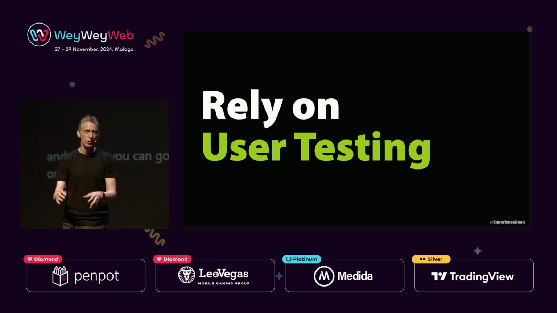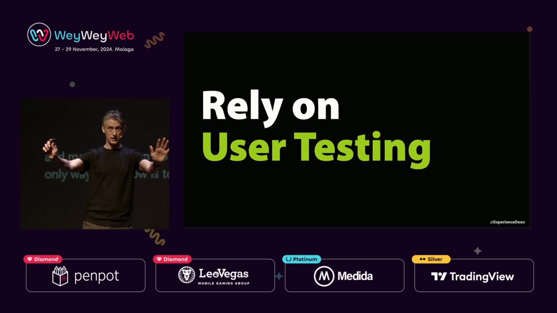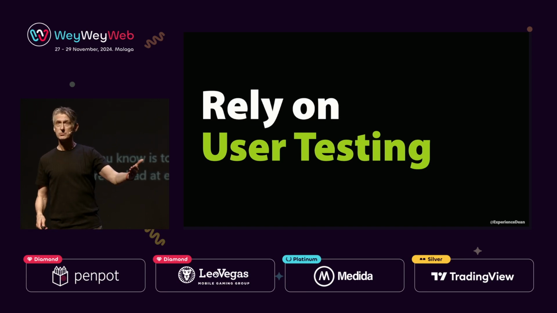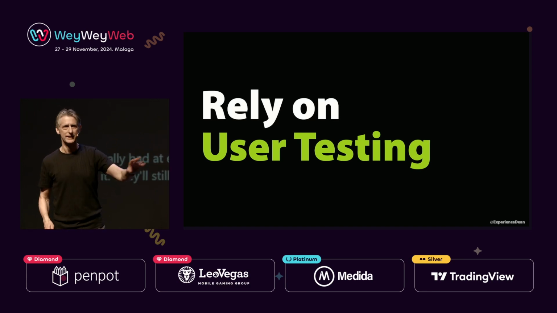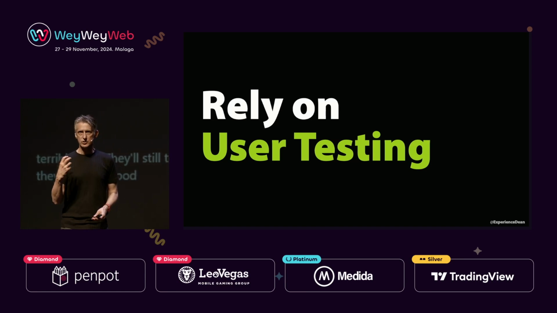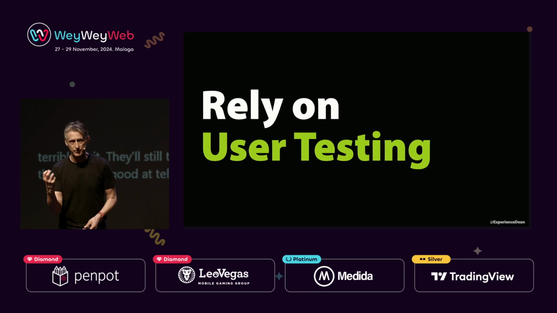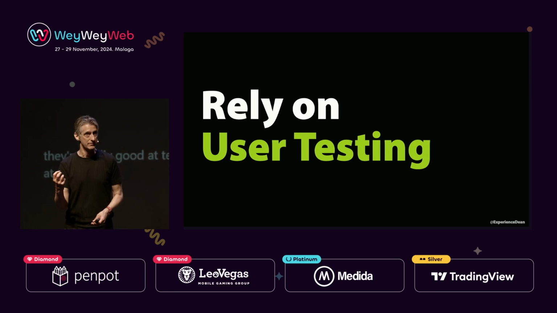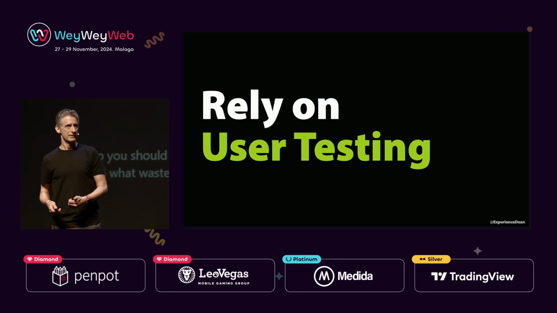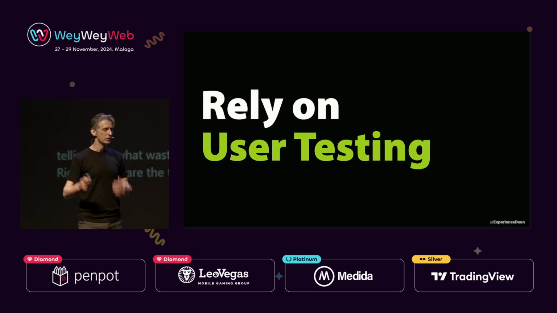The only way you know is to get it in front of users, and they will tell you. Users are really bad at explaining what you should do. They're terrible at it. They'll still tell you, but they're bad at it. But they're really good at telling you what they hate. They're very good at that, so you should listen to them. And they're very good at telling you what wastes their time, right? Those are the things to listen to, then you interpret.